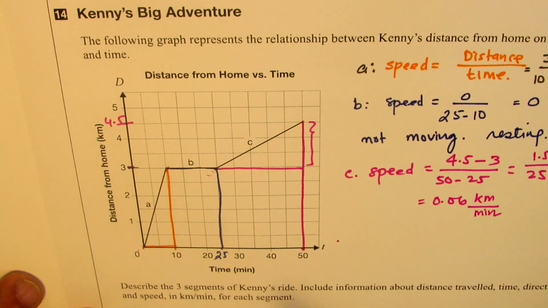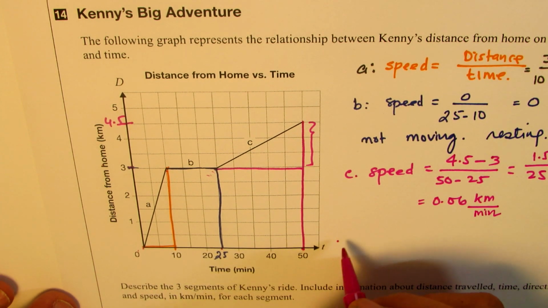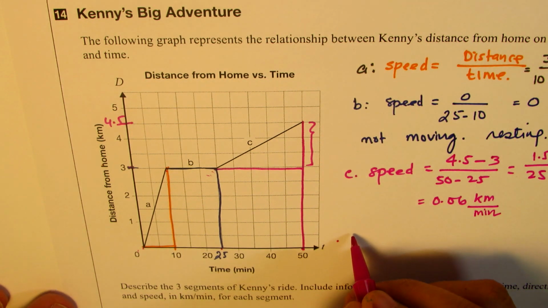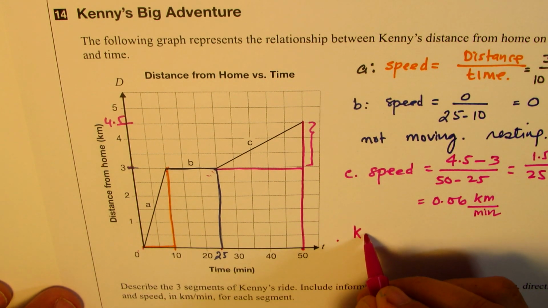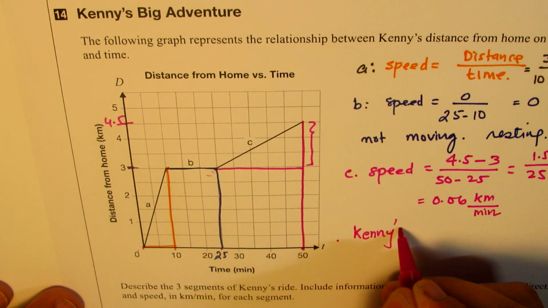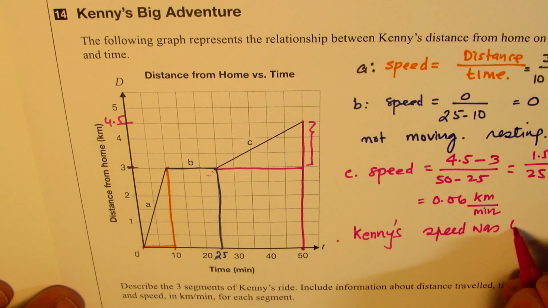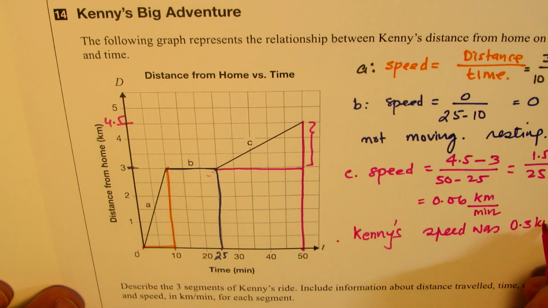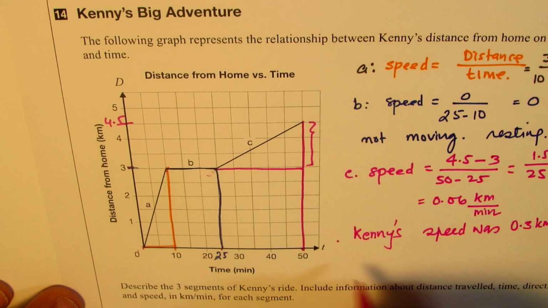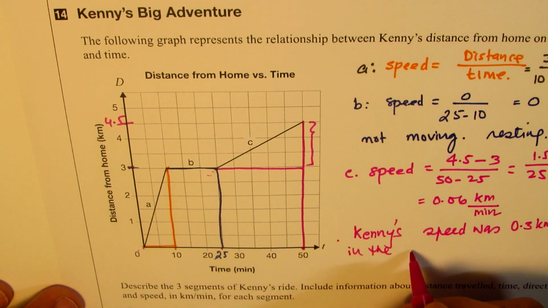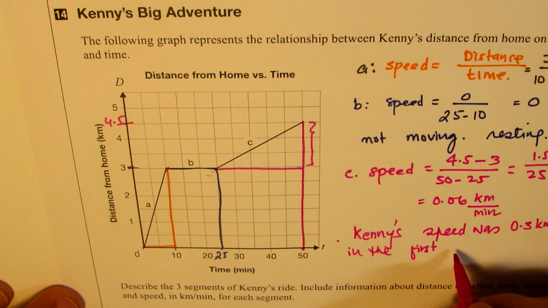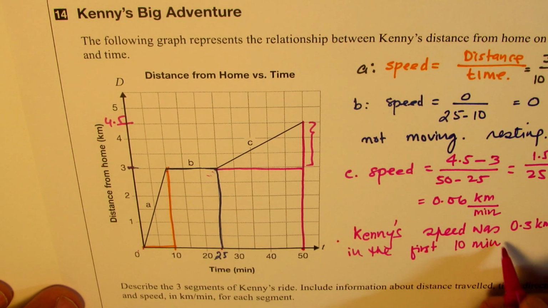So in the first 10 minutes, we can say Kenny's speed was 0.3 kilometers per minute, right?